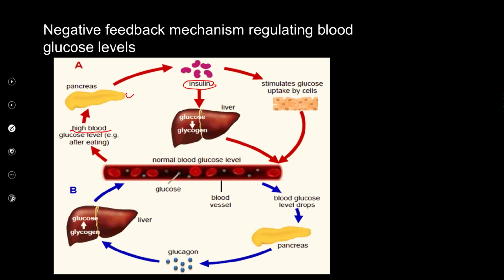The pancreas will secrete this hormone, insulin. Why insulin? So that insulin should convert. Remember first, before we move forward, the glucose level is high in our blood system. The pancreas is involved, secretes insulin so that the insulin should convert glucose into glycogen so that this glycogen can be stored in the liver.